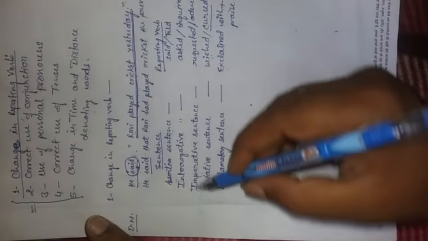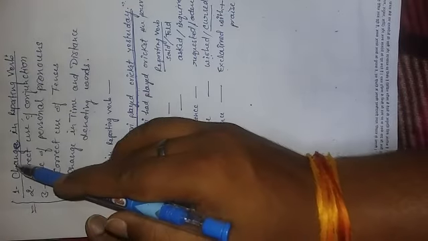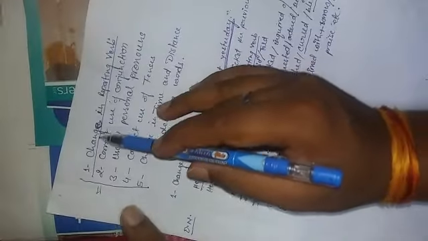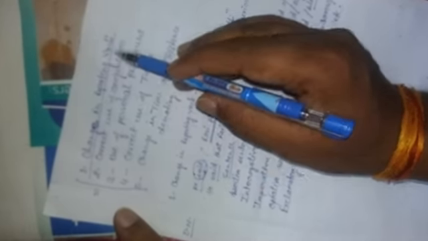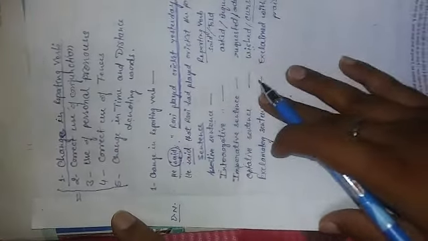Okay, so this is a chart that you have to learn well, how to change reporting verbs of direct narration while changing them into indirect narration. Let's return to the second topic, that is correct use of conjunctions.